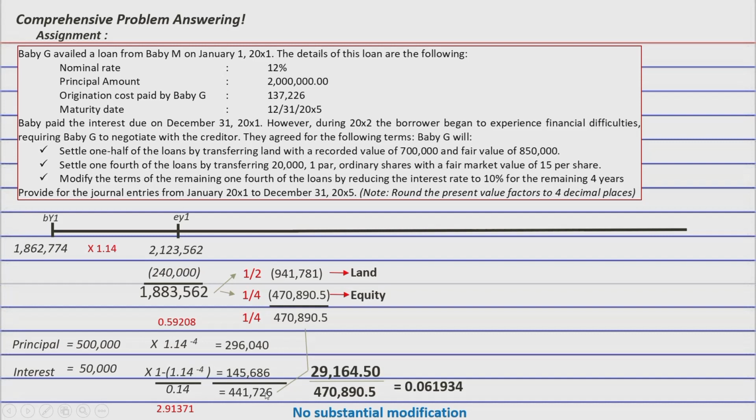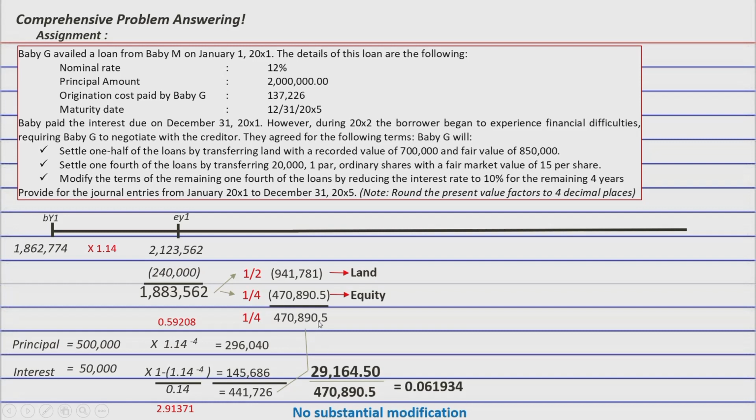So we have compared these two balances, the new and the old balances. And then we got a difference of 29,164.50, which is, in percentage, less than 10% based on the old liability. So because of that, we concluded that there is no substantial modification and this old balance will be carried forward.